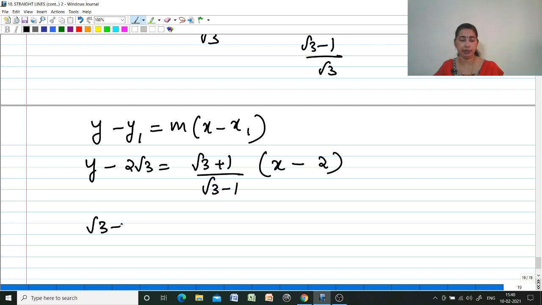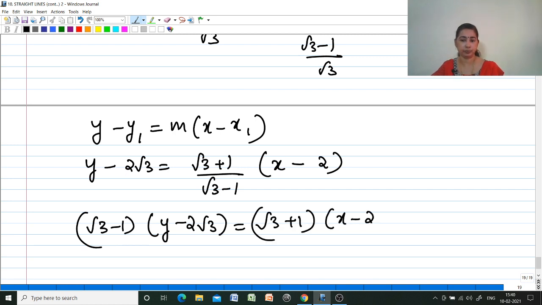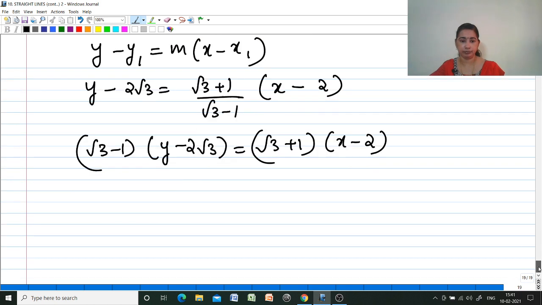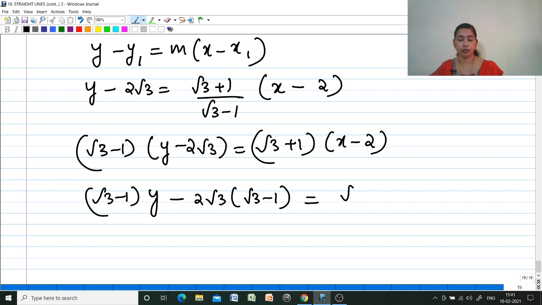So root 3 minus 1 into y minus 2 root 3 is equal to root 3 plus 1 into x minus 2. Then opening the brackets: root 3 minus 1 into y, then minus 2 root 3 into root 3 minus 1, is equal to root 3 plus 1 into x minus 2 into root 3 plus 1.